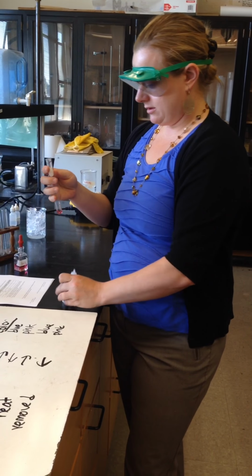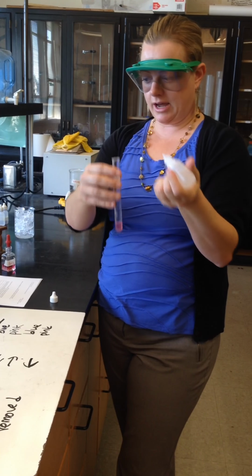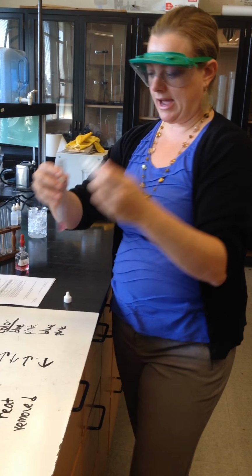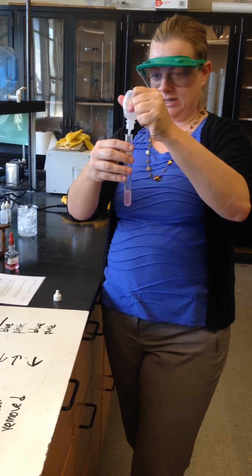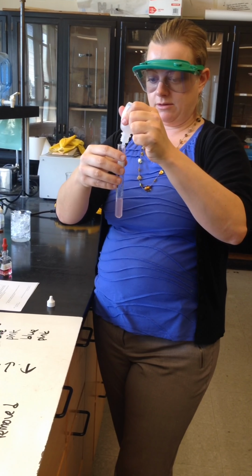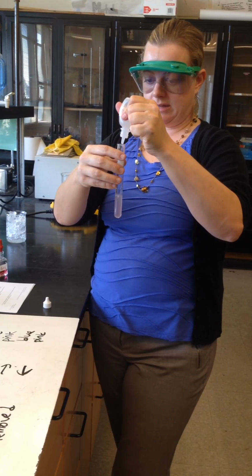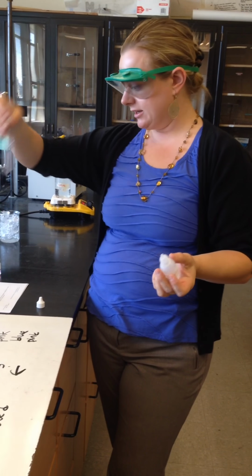So we're going to put some calcium chloride. We're adding chlorine ions. It's like adding more reactant. So you can see that it's colored purple, so purple is equilibrium. And we could keep adding to turn it blue. So you can notice it's kind of turning a bluish color.